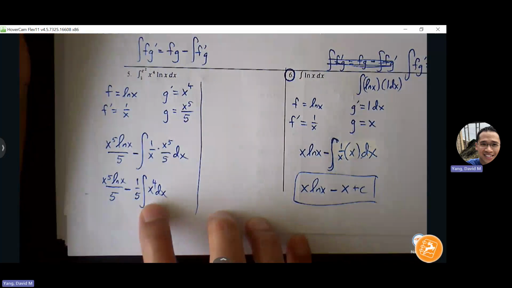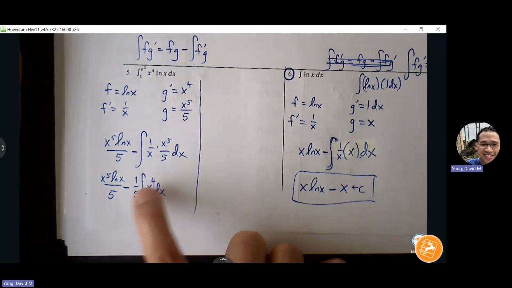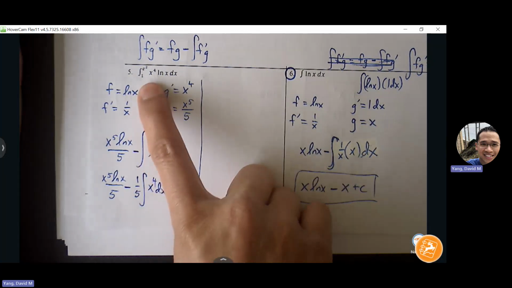I'm almost ready to. This is a quick power rule here, and once I can complete this portion, I can then involve my bounds.